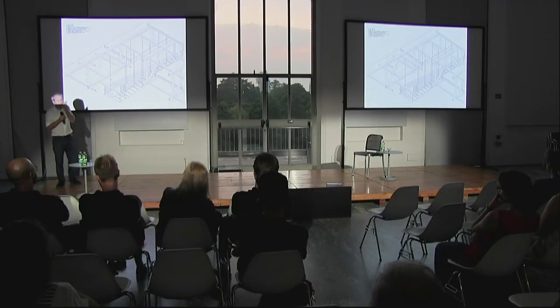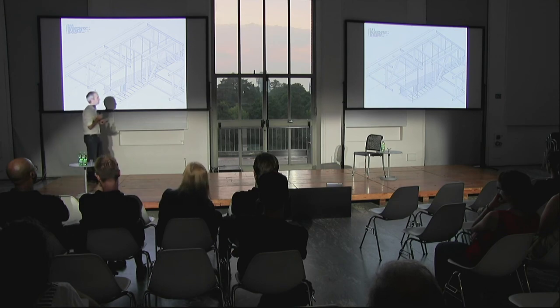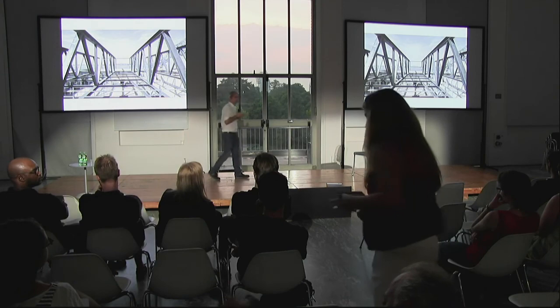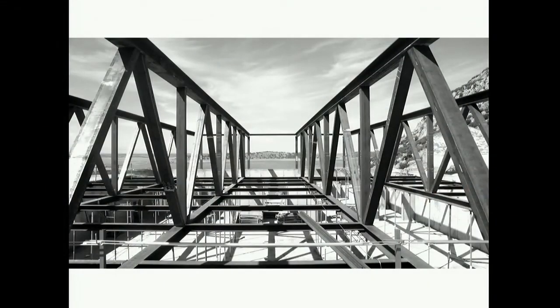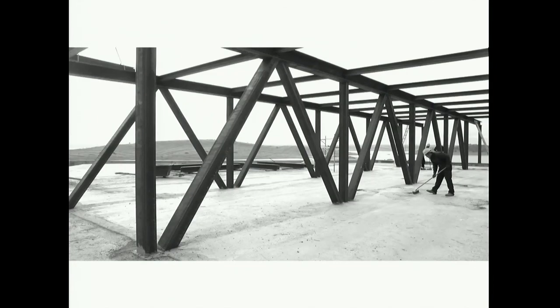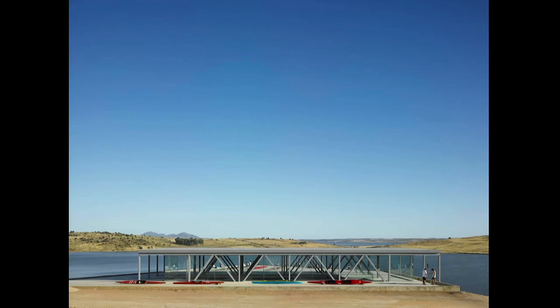Again, it's a kind of small infrastructure, where the structure will give the identity, the character to the place. So the big structure is holding that big room, and in the end, the structure itself becomes the facade, the image of the rowing center.